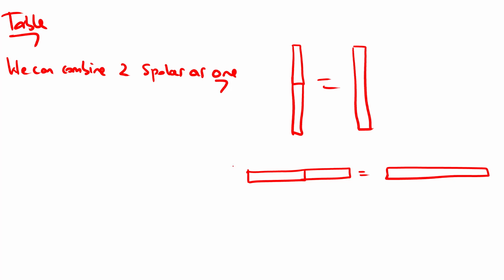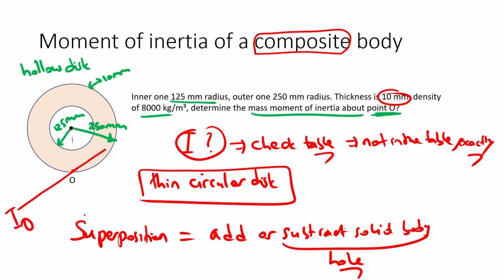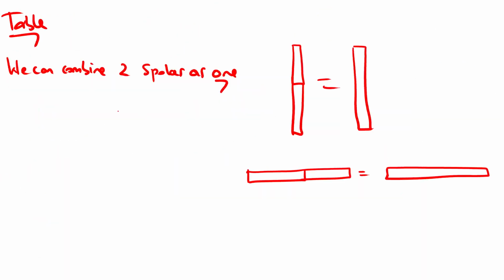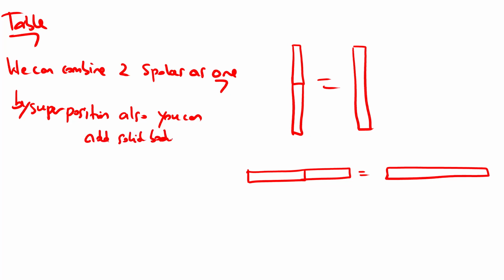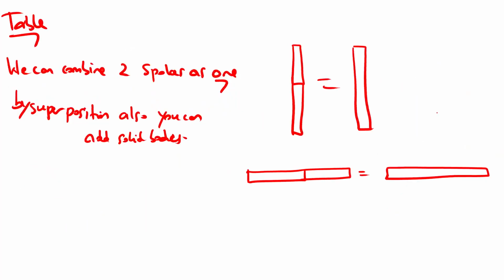It doesn't change anything. If you go back to superposition, you can add the solid bodies. Instead of dealing with 4 different bodies, we can deal with 2 of them at once. They are together, they are connected. That's not a new geometry.